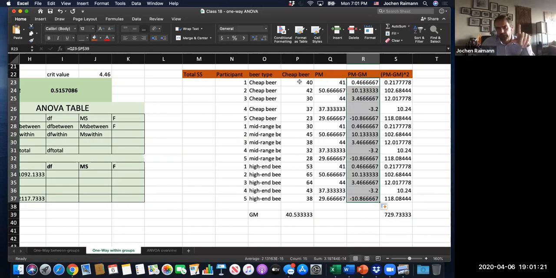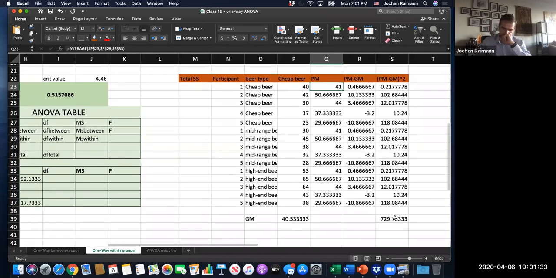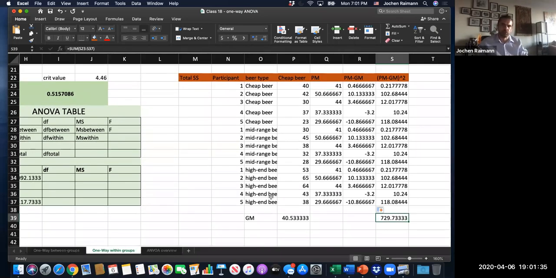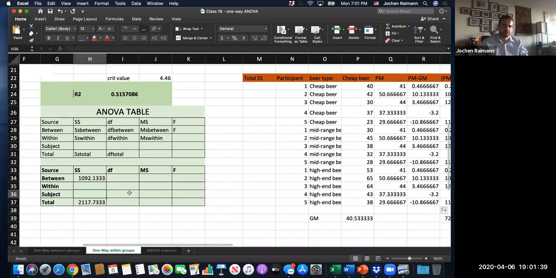Okay. So we created now a participant mean. We're subtracting this participant mean from the grand mean. We're squaring this participant mean minus grand mean difference. And we're getting to a sum of squares for the subject.